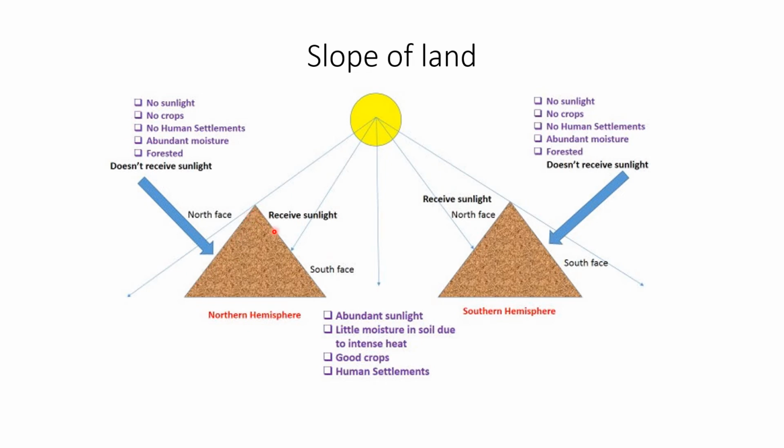So the south-facing slopes will be warmer than the north-facing slopes. On the other hand, the opposite happens in the southern hemisphere, where the north-facing slopes will receive more sunlight and these slopes will be warmer as compared to the south-facing slopes of the mountains.